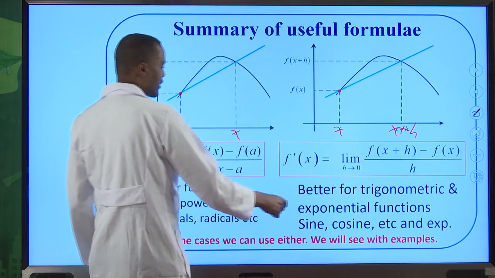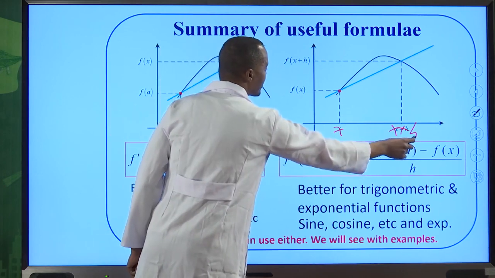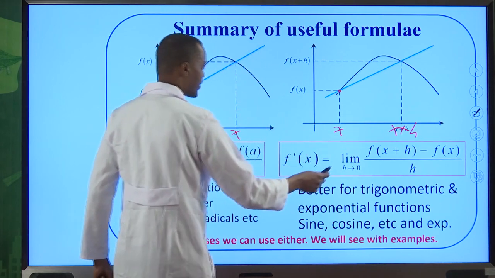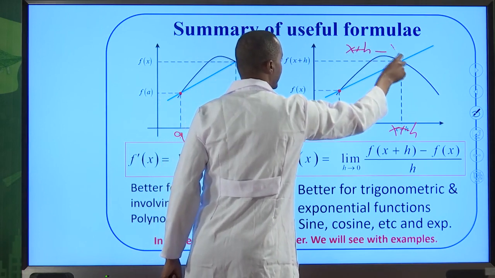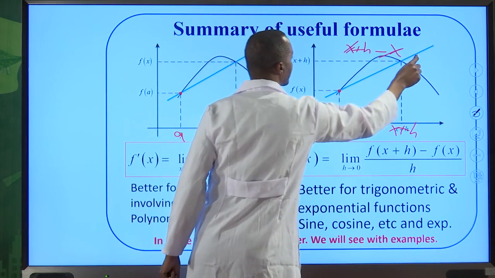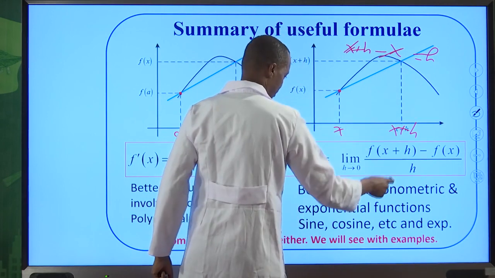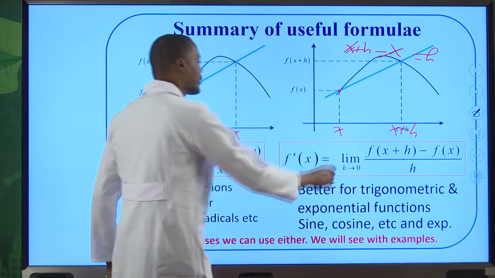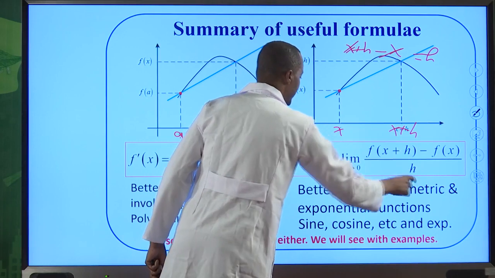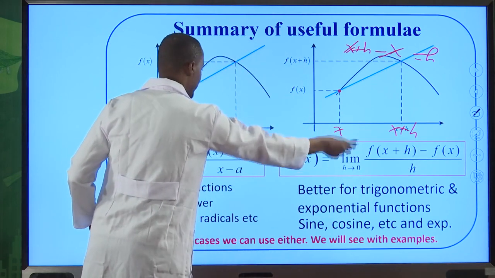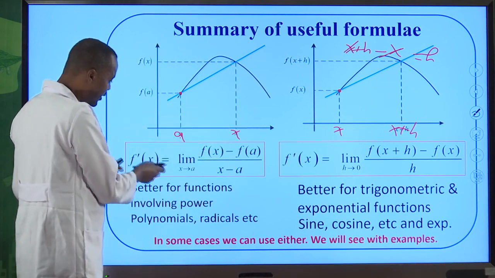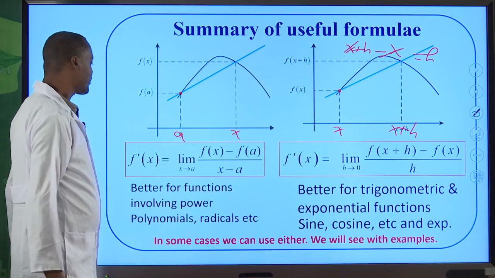And for the denominator, x plus h minus x, so they cancel each other, and I'm left with h. So the limit of f of x plus h minus f of x over h as h approaches 0. This is one alternative formula for derivatives. This is another alternative formula for derivatives.